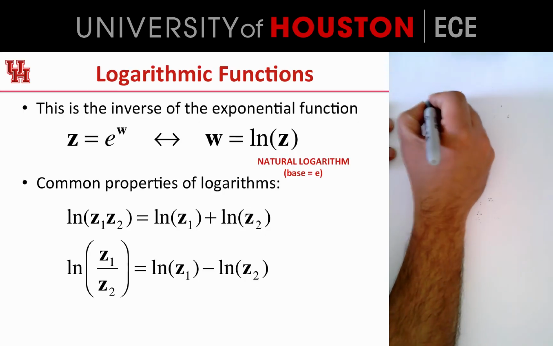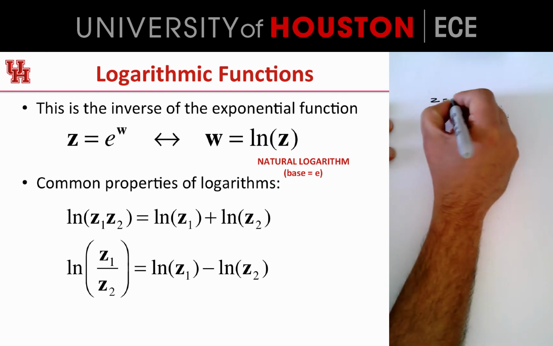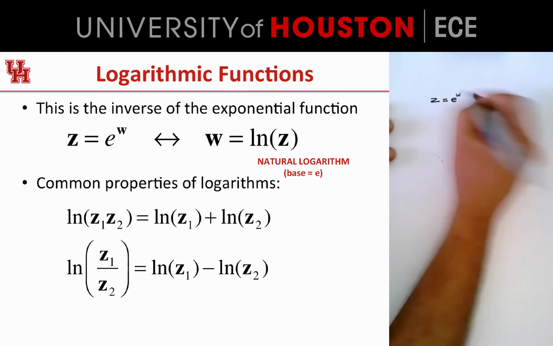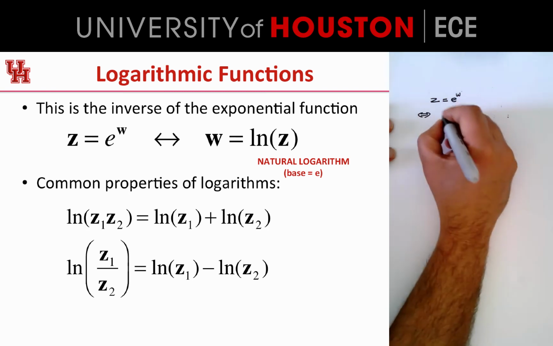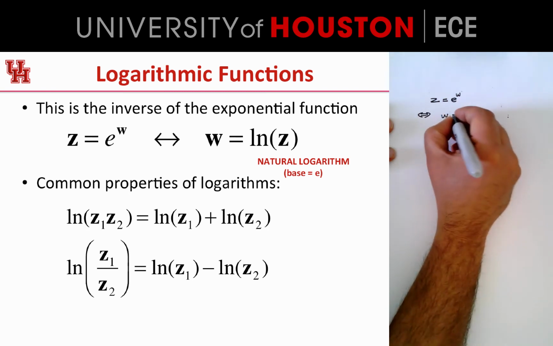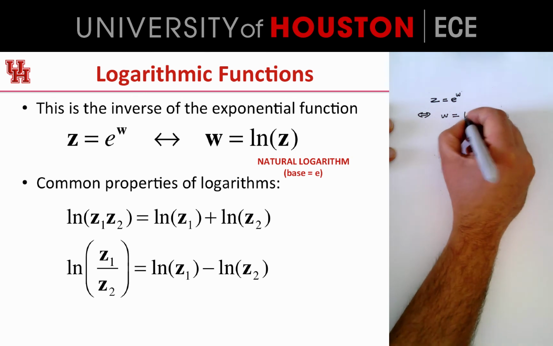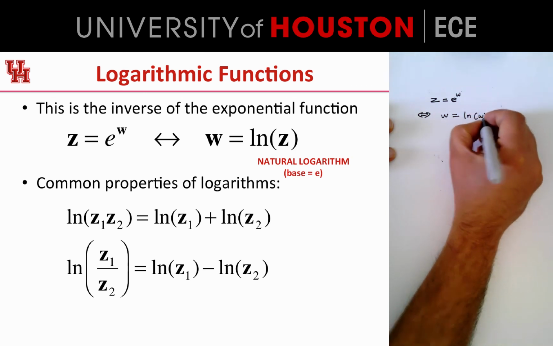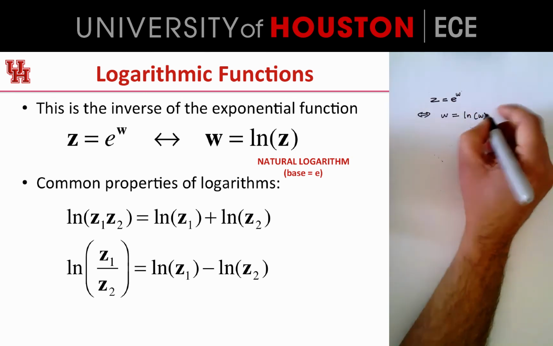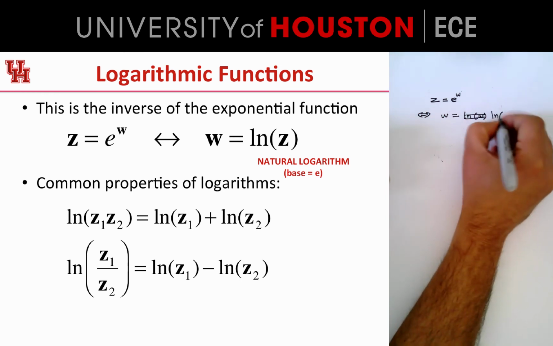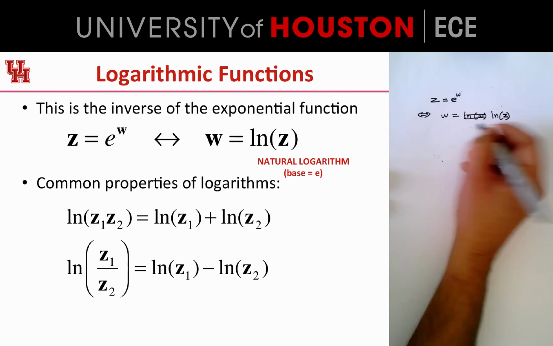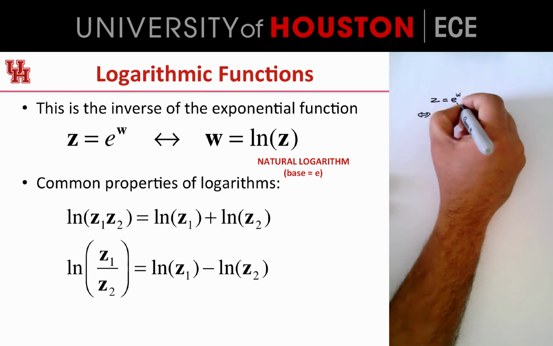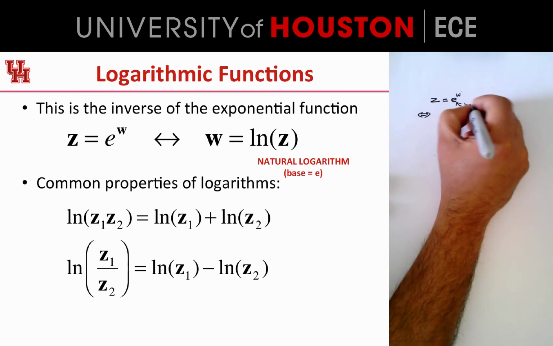So if z is e raised to some number w, then we say that w is the logarithm of z. This is called the natural log because it's defined with respect to the base e.